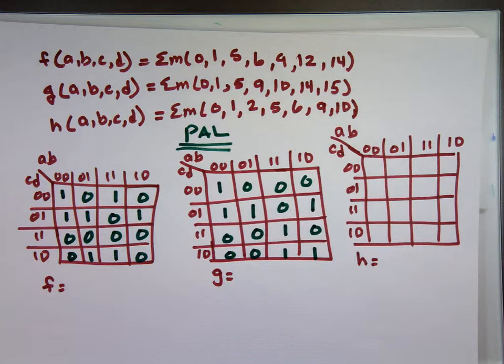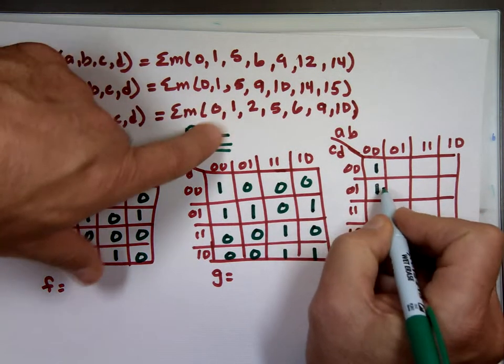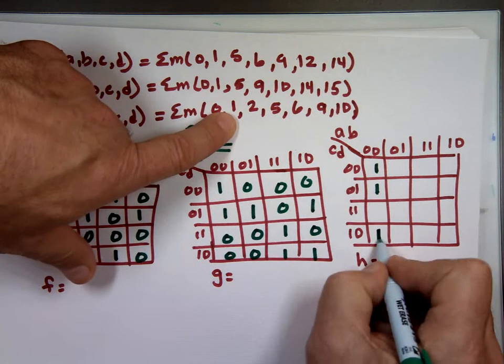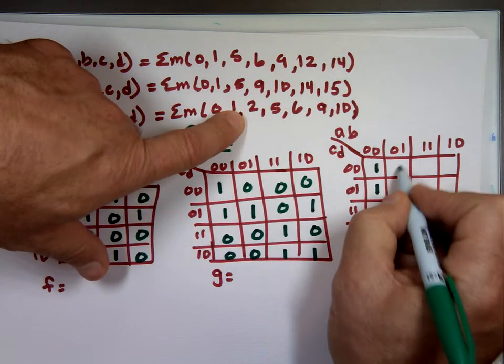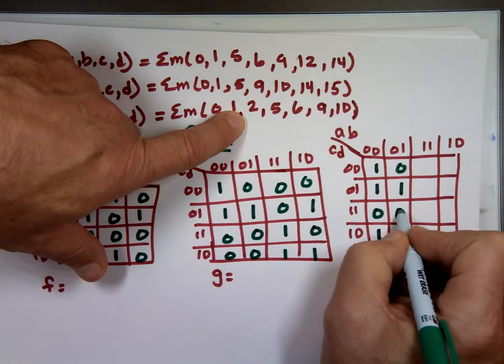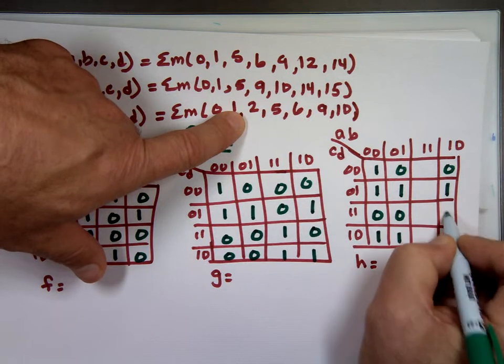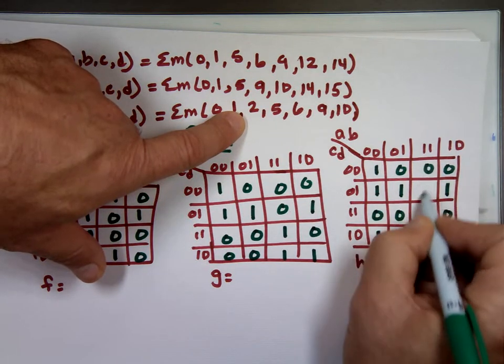H: 1, 1, 0, 1, 2, 3, 4, 5, 6, 7, 8, 9, 10, 11, 12, 13, 14, 15.